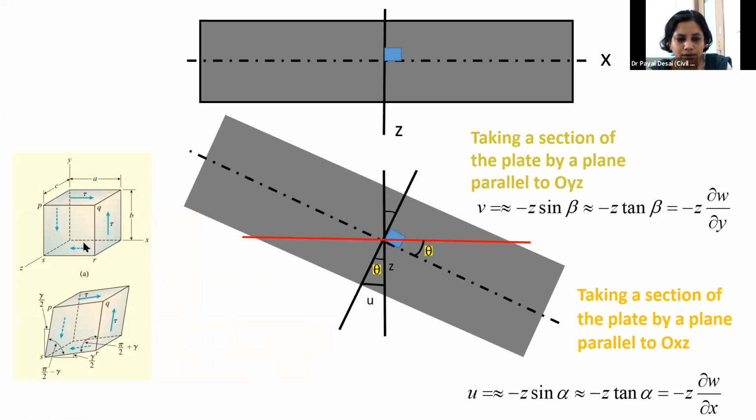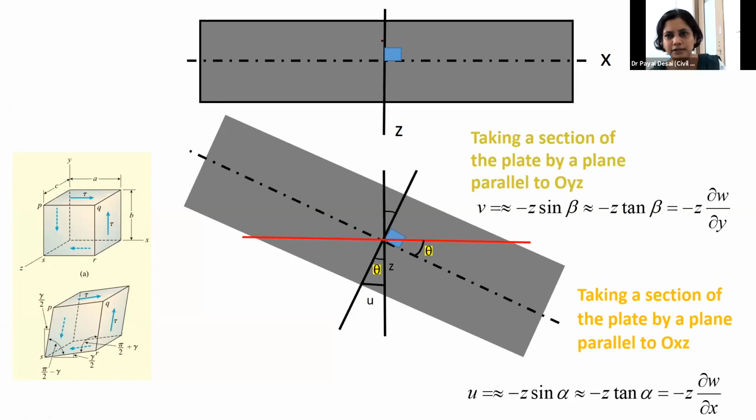So when you have the axis of the surface, the front surface of the plate is the x-axis, and this vertical line, which was initially straight, 90 degrees to the x-axis, even after deformation remains 90 degrees.